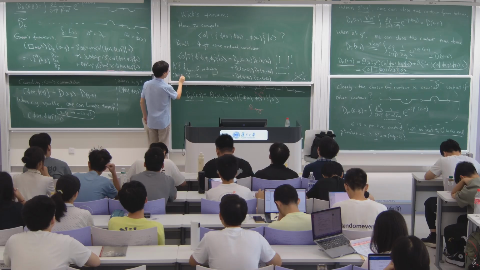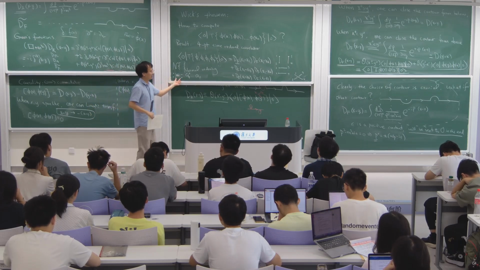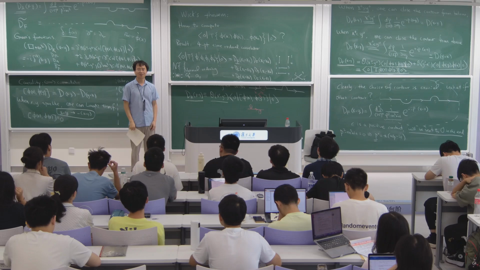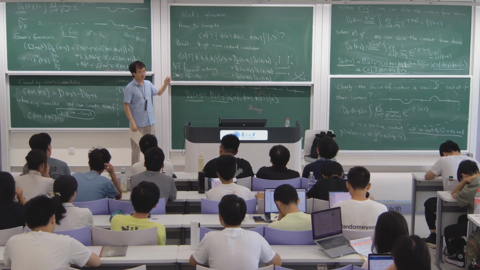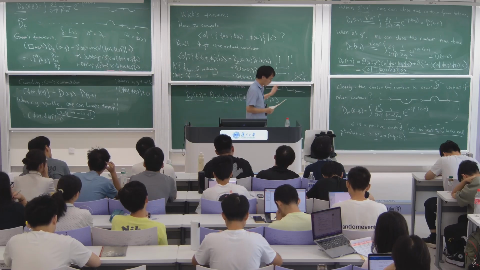For the given object inside, I do the normal order. This normal ordering is good for proving the Wick theorem.